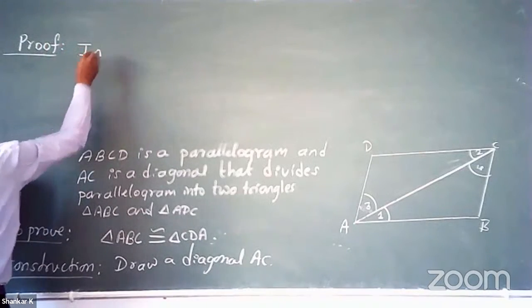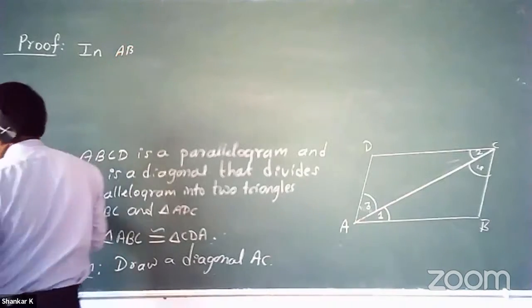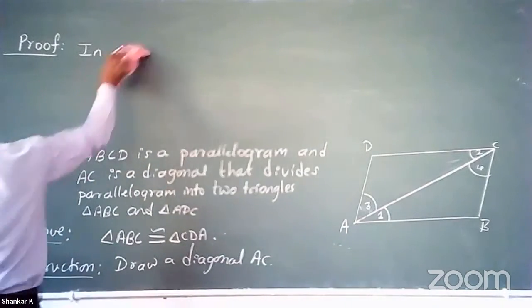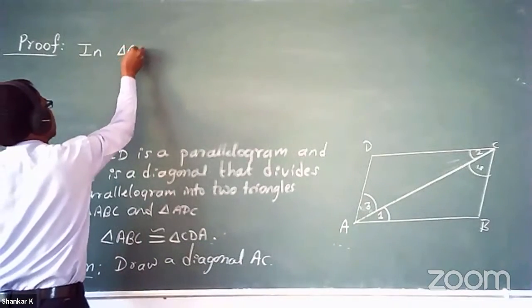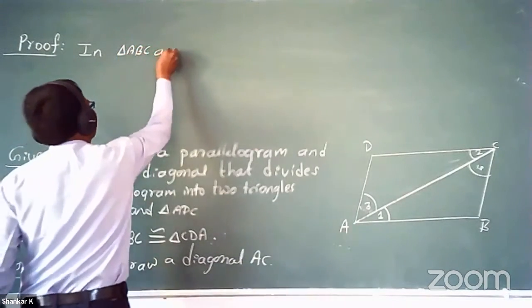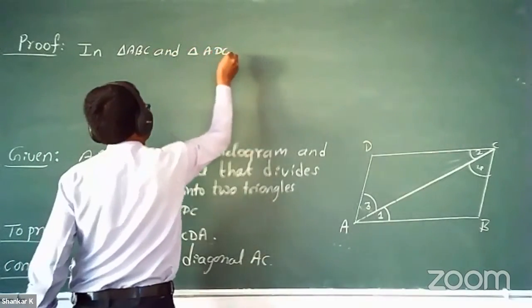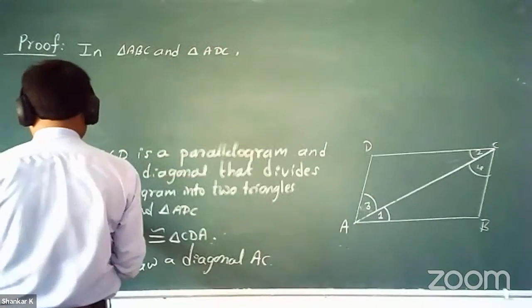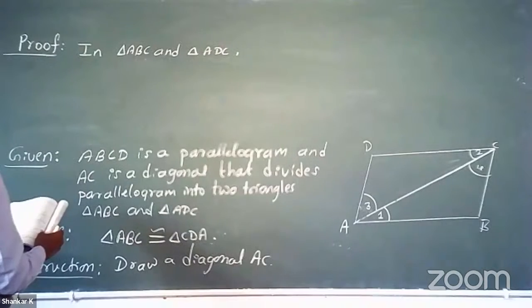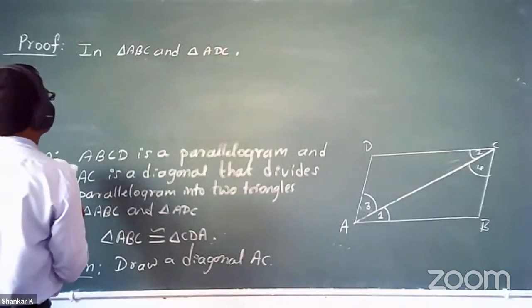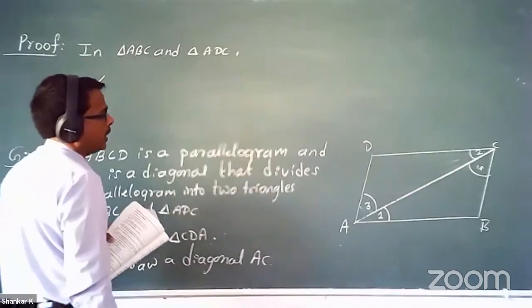In triangle ABC and triangle ADC, which are equal parts. Triangle ABC, okay. Angle 1 equal to angle 2.